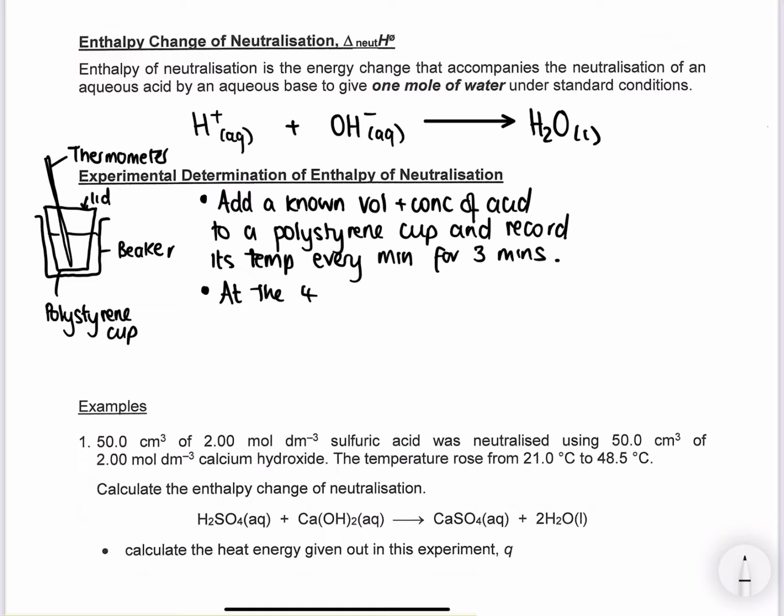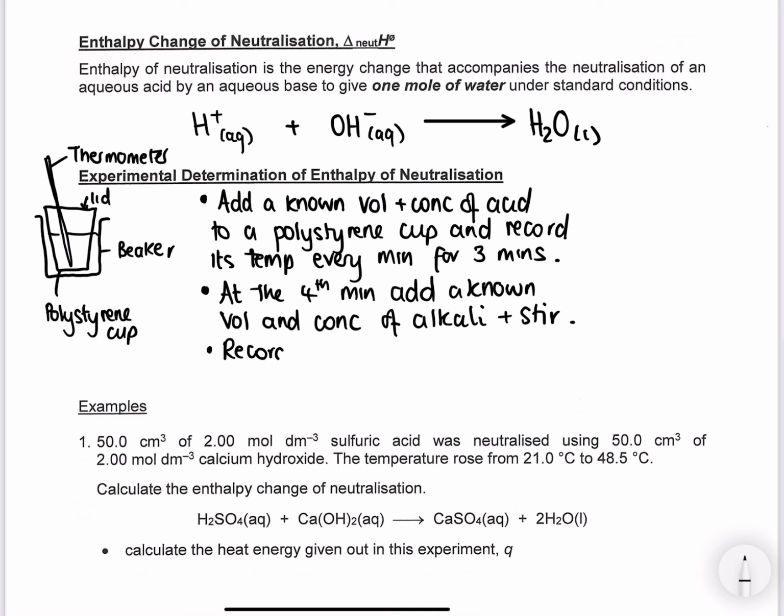At the 4th minute, add a known volume and concentration of the other reactant, which in this case is alkali, and stir. You don't record the temperature at that point.